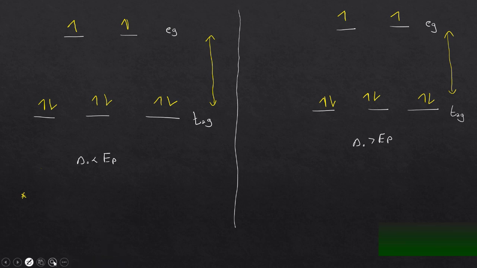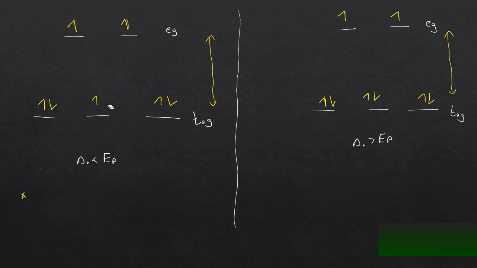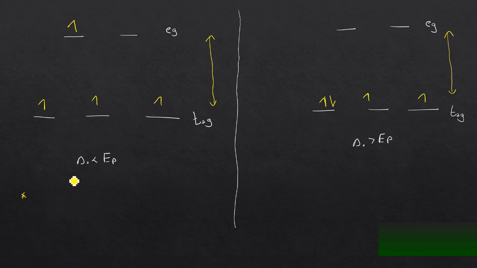So let me go back. Right. So this was the first thing we need to understand, right? When our system is like this, when delta O is much smaller and pairing energy is much larger, as you can see, we call this weak field.